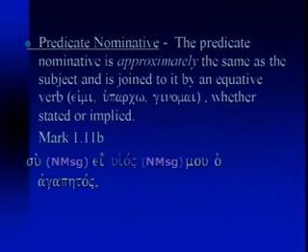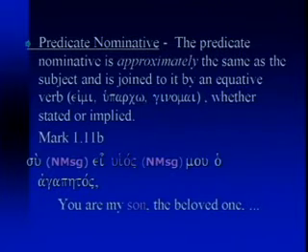All right, make sense? Okay. Go back and read it in black and make sure you're clear on it and can recognize it. The full sentence, you are my son, the beloved one. Notice in this case, you and my son are close or even the same in terms of identification.